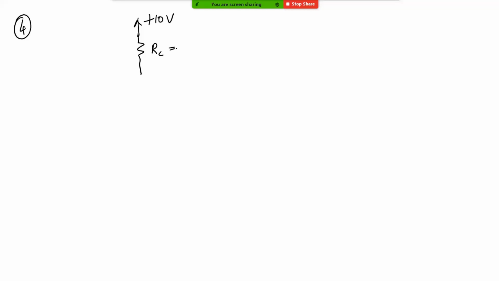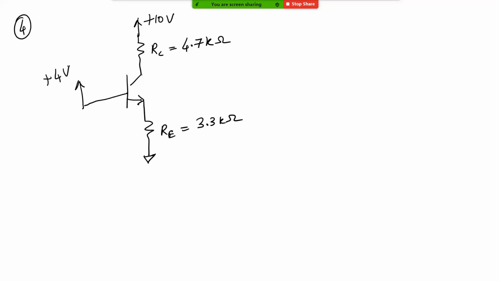Okay, so this is a slightly different way of looking at it, this particular problem. You have the values of RC and RE given. This is grounded. Let's say this is plus 4 volt. Beta is 100.